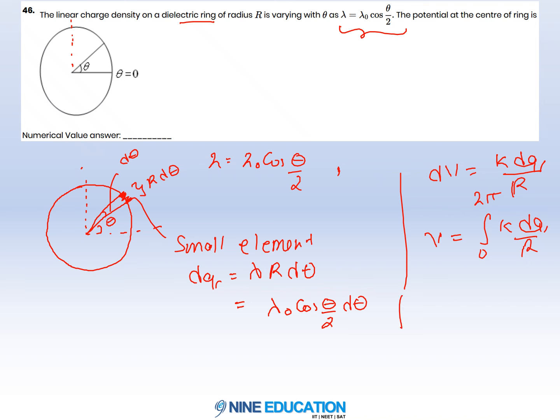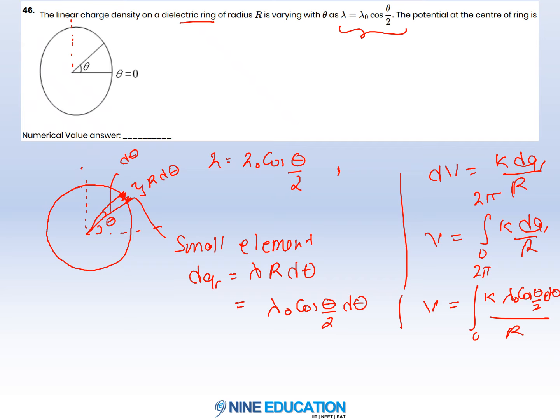So just put the values. V equals to k, dq is lambda naught cos theta by 2 d theta by r, 0 to 2 pi.